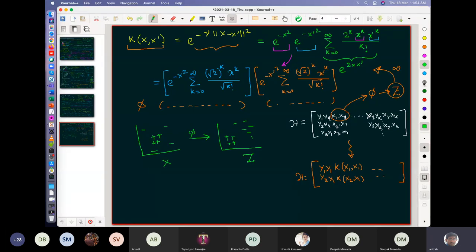Here, I am totally saying that your Z space is opaque. You do not need to think about the Z space. All you have is this kernel that will give you the values of the points in Z space. Depending on that, you go on, make your support vector separation and all that. Okay, agreed? This is a nice trick.